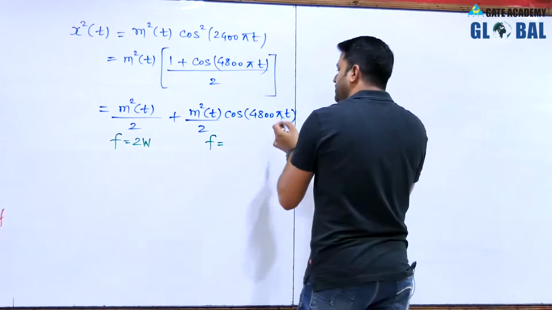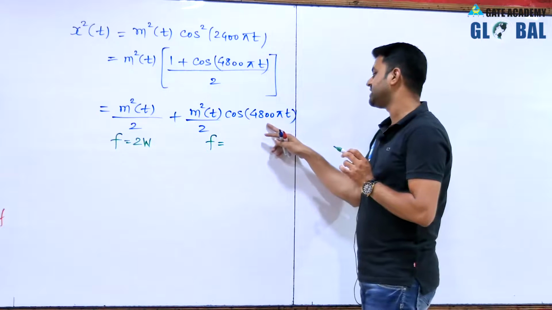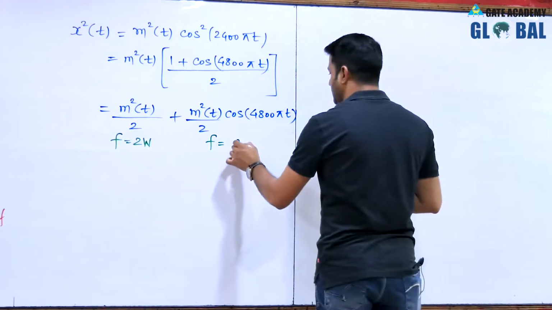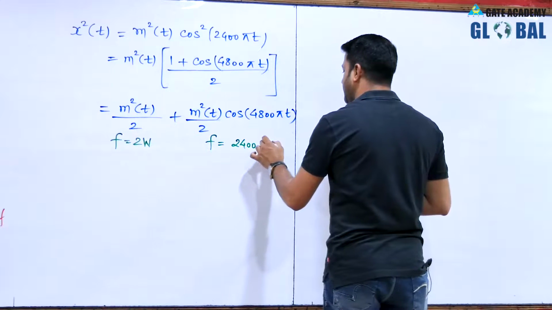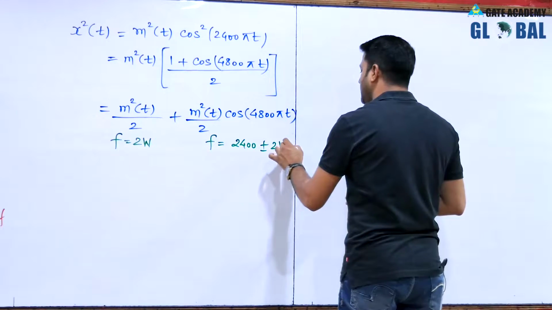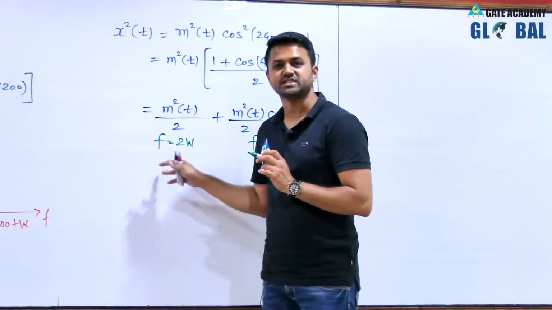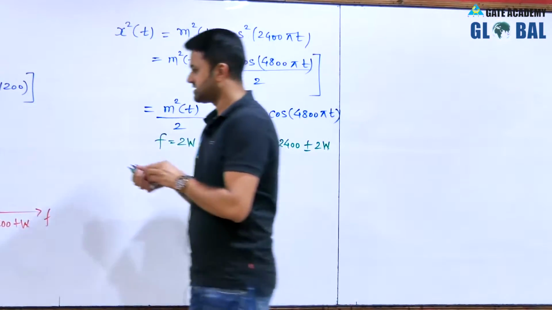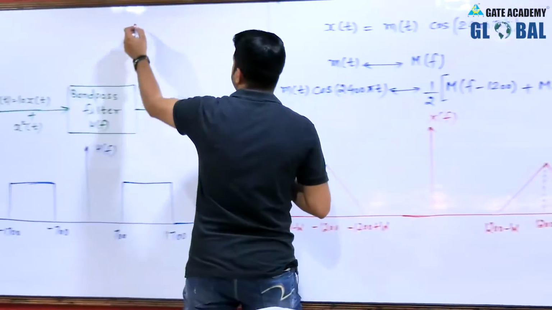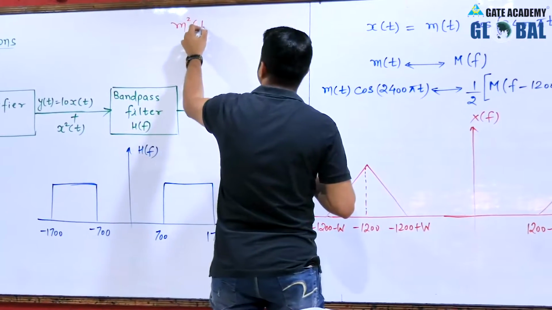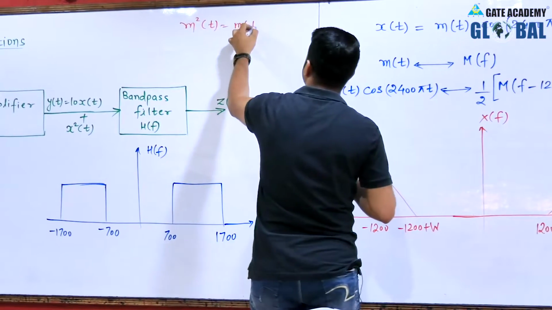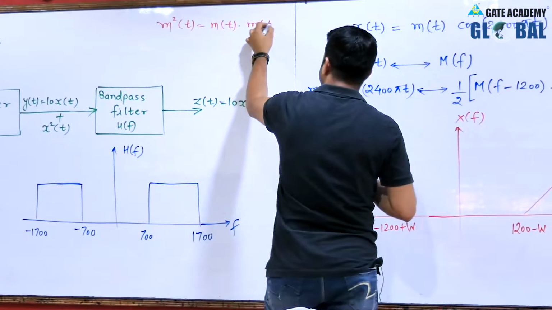This will shift to the carrier term, and here the carrier term is 2400. So this will be 2400 plus minus 2W. Its frequency range will be 2400 plus minus 2W. Again, if we write m square t, that means m of t multiplied with m of t.